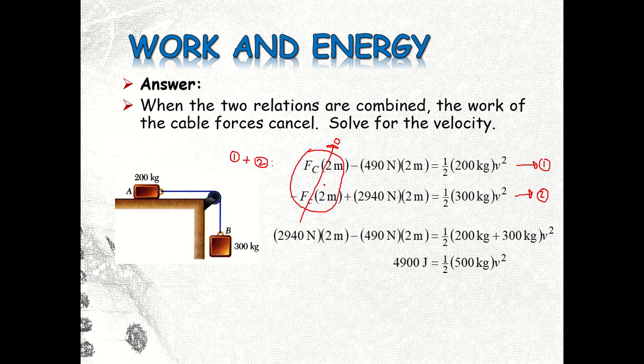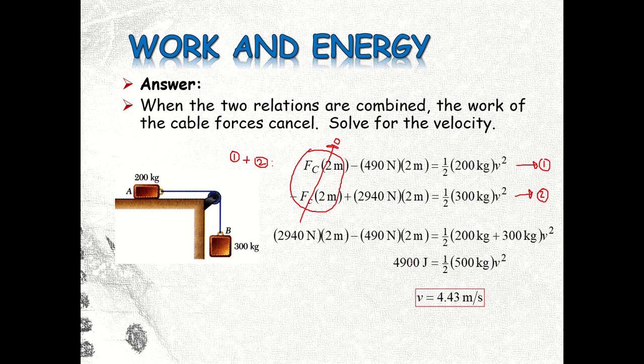So when you add, this becomes 490, then minus this one. All right, so we have therefore v is equal to 4.43 meter per second.